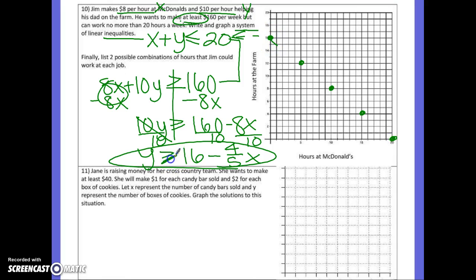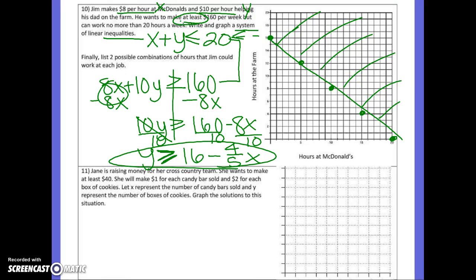Notice that it is equal to, so I'm going to draw a solid line through these points. And then, because we're saying it's greater than or equal to, our solutions are equal to the line or they're greater. So it would be everything above.